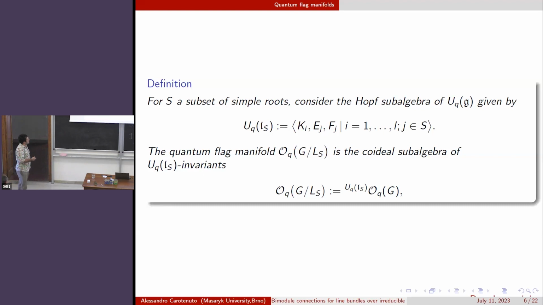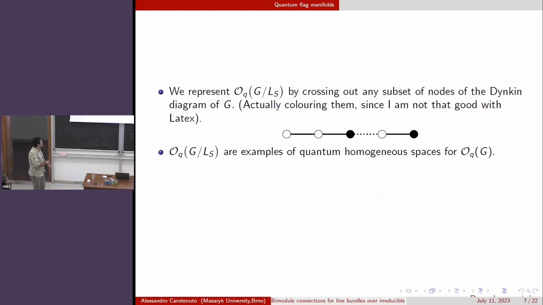And we define the quantum flag manifold O_q(G/L_S), over the Levi subalgebra of S, as the coideal subalgebra of invariants inside of O_q(G) with respect to the left action of U_q(L_S). So more concretely, what we do is we take the Dynkin diagram of our Lie algebra and we cross out a certain number of nodes in any position, and we take out the corresponding E's and F's, and we consider the subalgebra of invariants with respect to the corresponding Levi subalgebra.